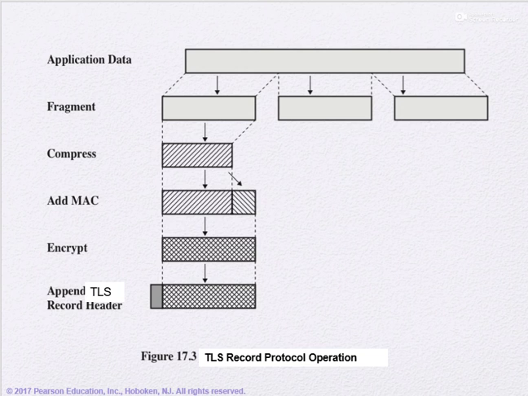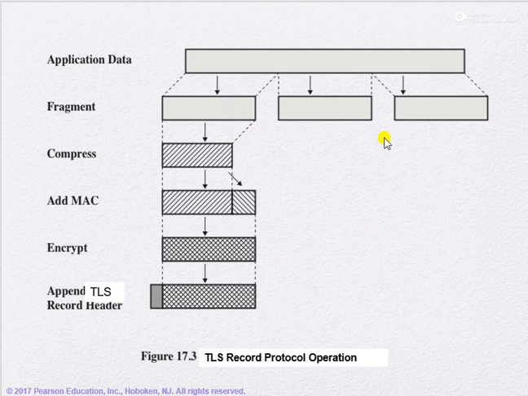Now, how are both these services provided by TLS record protocol? Here in this diagram we show the overall operation of providing confidentiality and authentication service by record protocol. So the application layer generates a message and sends it to the record protocol on transport layer.